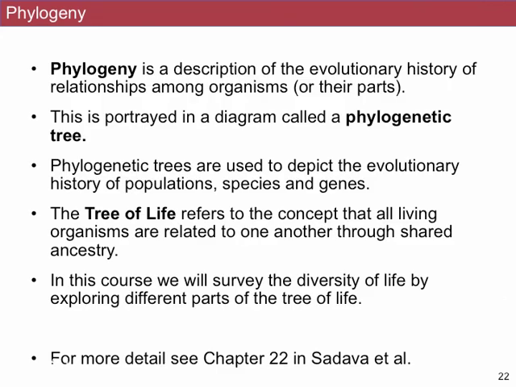And so what I'm doing on this slide is defining a few of the terms and things that we're going to talk about for the rest of the lecture and for the next lecture. When we talk about phylogeny, what we mean is the evolutionary history of organisms most of the time. Sometimes we will use phylogeny to refer to the evolutionary history of parts of organisms, say individual genes.